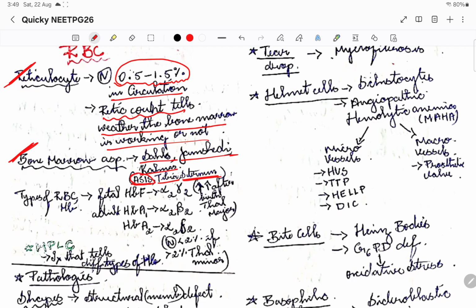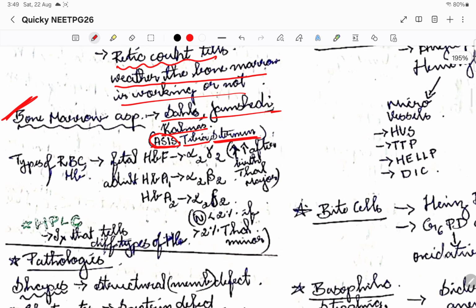Then coming to types of RBCs. Before knowing the pathologies of RBCs, let us see the types of RBCs that we have in our body. The fetal RBC will have HbF. In adults we have HbA1 and HbA2.